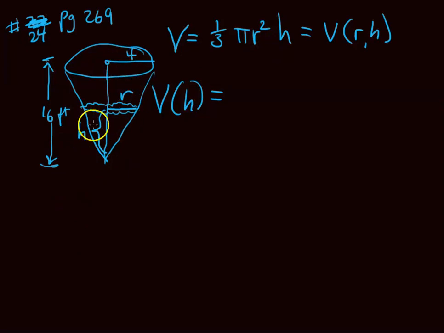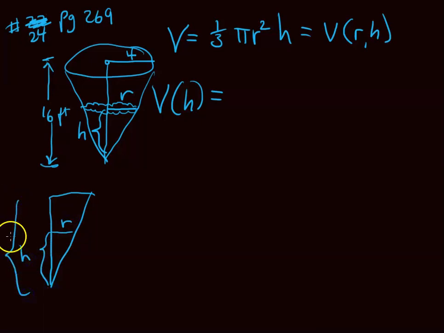Let's pull this right triangle out, along with the water's right triangle. Here's the r, here's the h. This whole thing is 16, and this is 4. These are similar triangles.